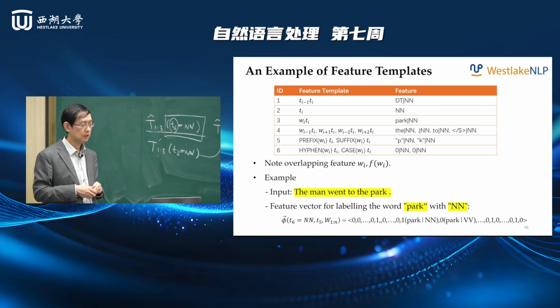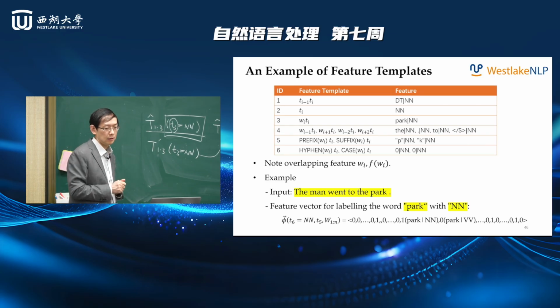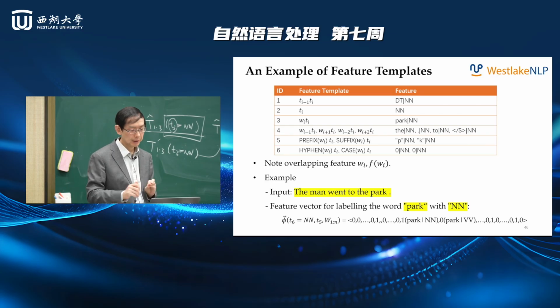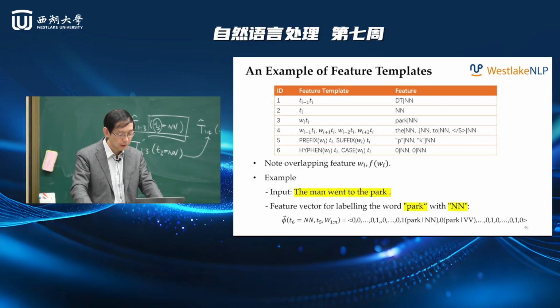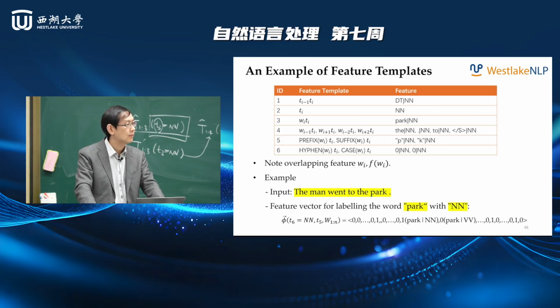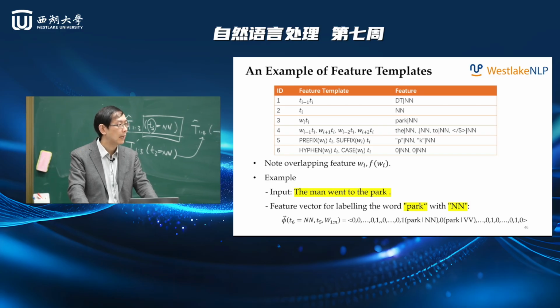I give you 6 feature templates to define the feature. Now it's even more than the 5 feature templates I showed you earlier. The 5 feature templates are actually contained in these 6 types of feature templates. Can you find where they are? Yes. Row 4. Row 4 lists the 5 feature templates we used to have.